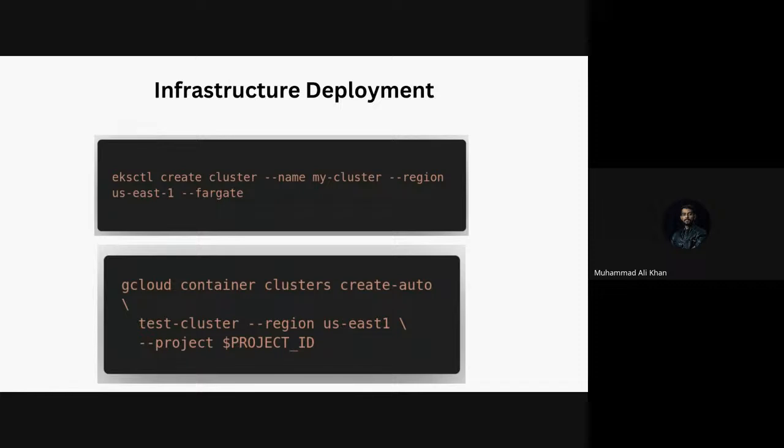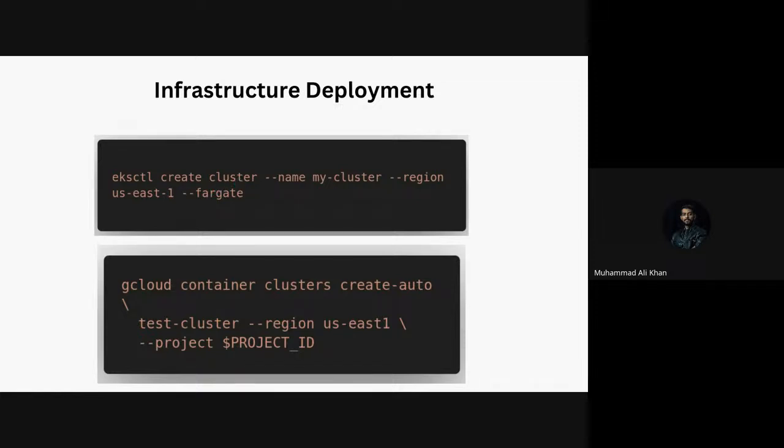Now, let's talk about how the infrastructure deployment of EKS Fargate and GKE Autopilot clusters works. In EKS Fargate, you can simply create a cluster using the --fargate flag if you are using the command line.